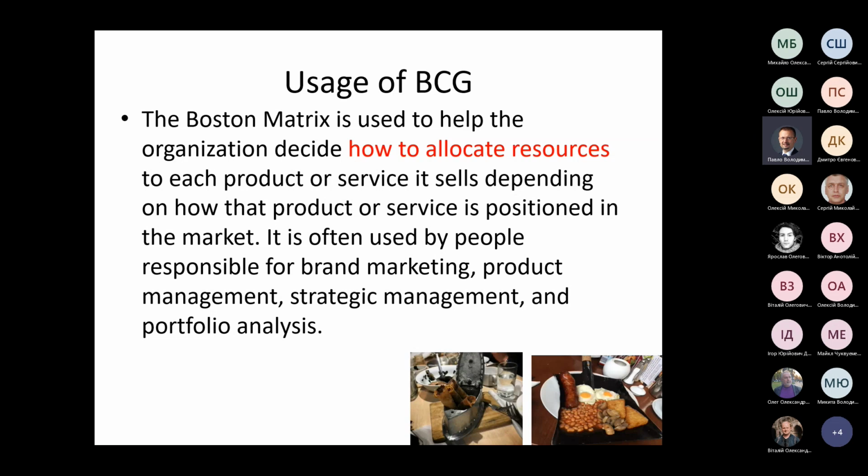Sometimes, and it is more frequent in Ukraine, I see some articles where the instrument was used not for this purpose but for other purposes, for evaluating the level of competitiveness of the company, for comparing different companies, etc. Don't ask me whether it is possible or not.